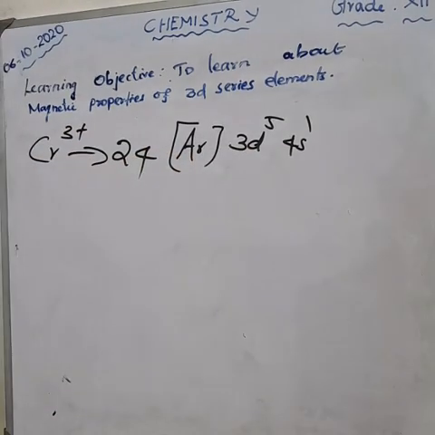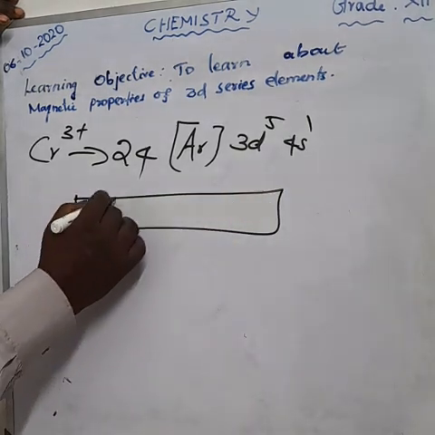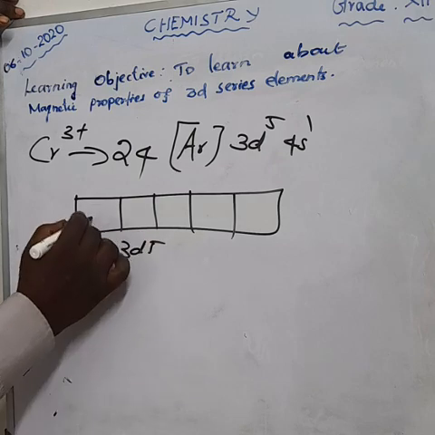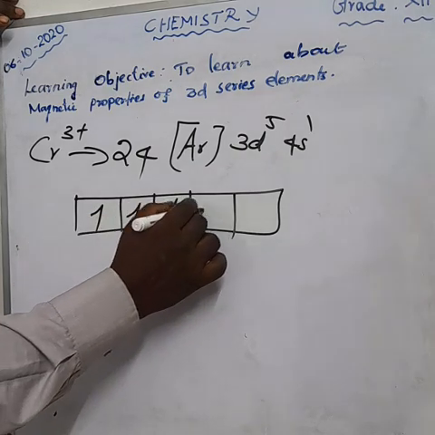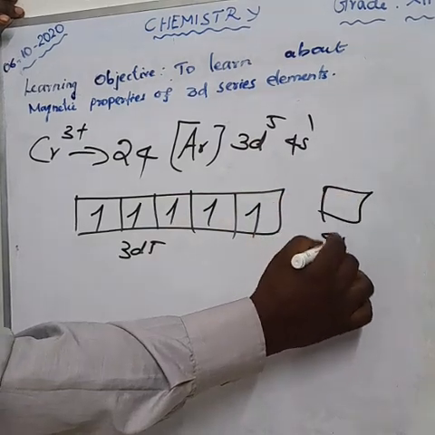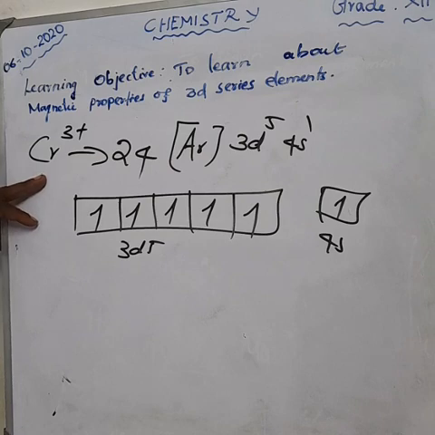3d5 4s1. Okay, now we are drawing the d orbitals. 3d5, 1 2 3 4 5, and about the 4s1, only 1 electron. Here our question is Cr3+. What is the configuration of Cr3+?